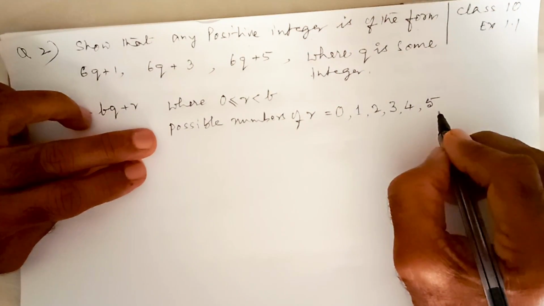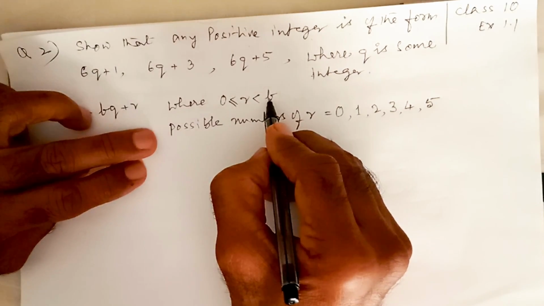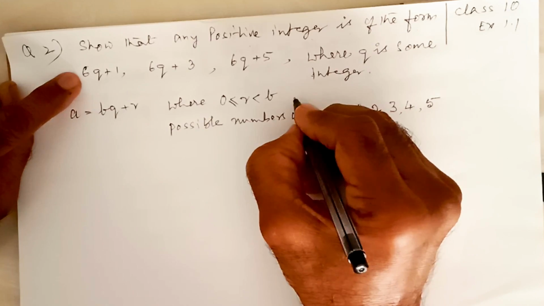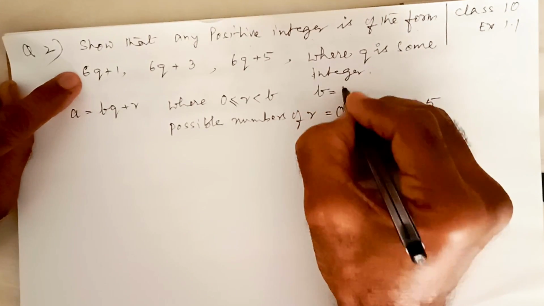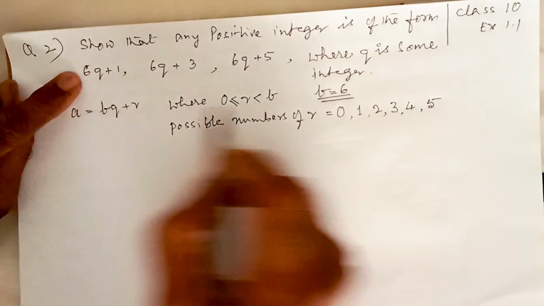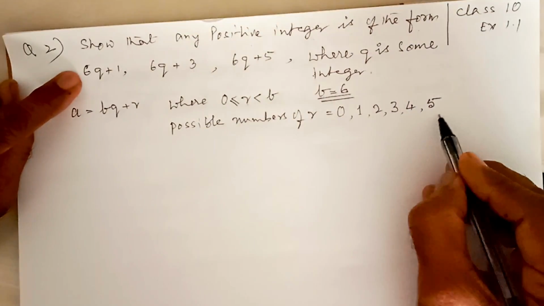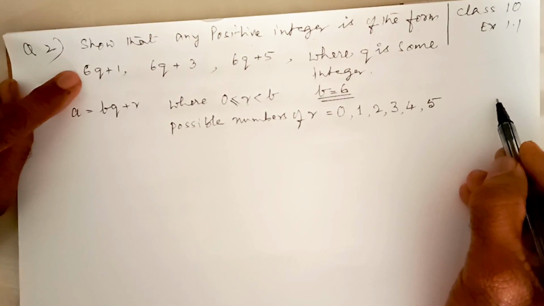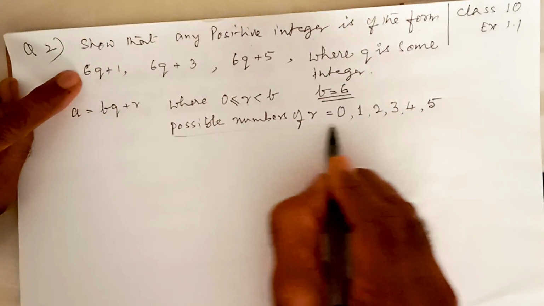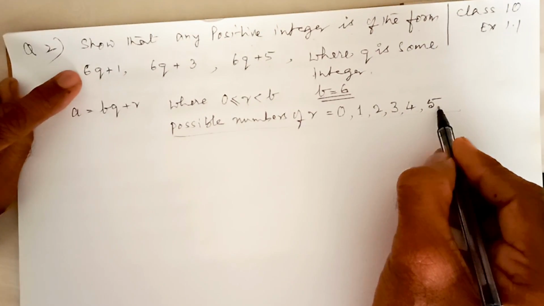Not beyond this, because as you know, the algorithm says it should be less than b. In this case, b is 6. Let us write that down also. In the question, it is written 6. Therefore, b is 6, and r can never be 6 or more than 6. It is less than 6. So, these are the possible numbers of r: 0, 1, 2, 3, 4, 5.